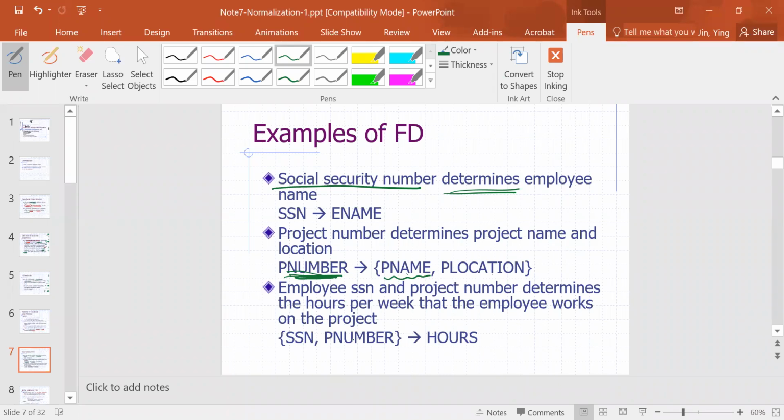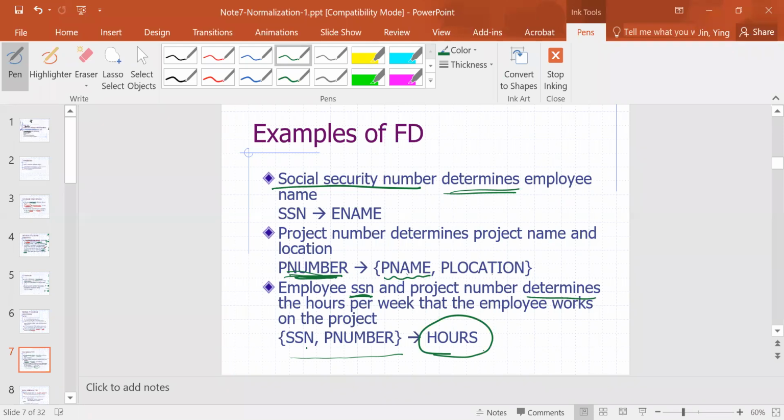The next one is a little bit harder to understand compared to the previous ones. Employee SSN and project number together: when we have two or more attributes on the left-hand side, this means the combination of SSN and project number determines what is on the right-hand side, that's the hours.